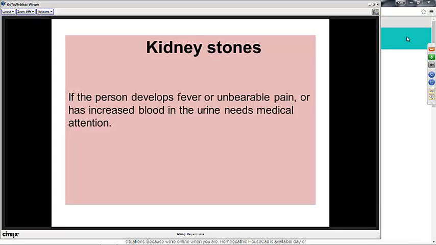Kidney stones. So, kidney stones are generally beautifully treated homeopathically, or the pain of kidney stones, because kidney stones are not treated. It's the pain of kidney stones, and it's the pain of passing the kidney stones that we're worried about. And the deciding factor is how big these puppies are.